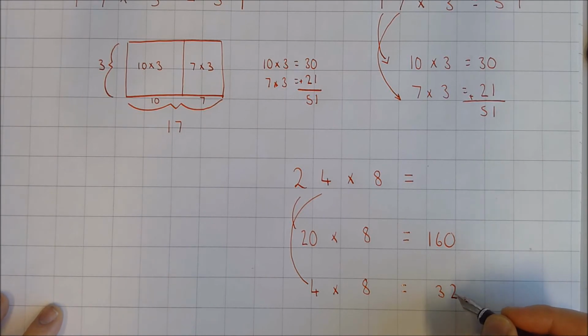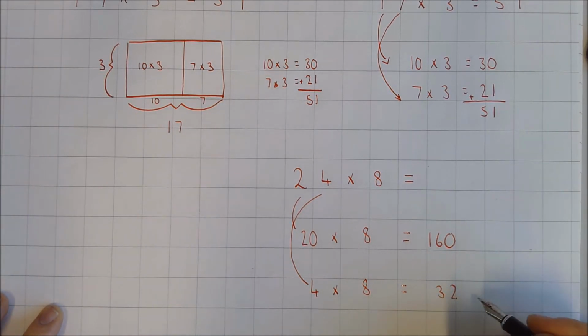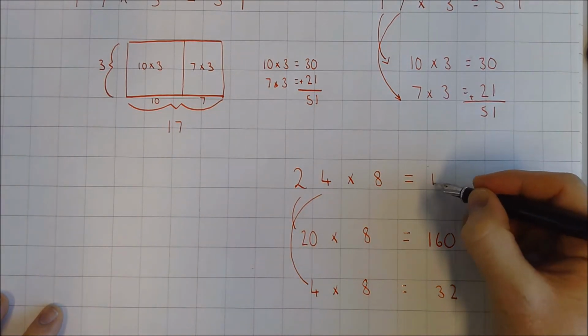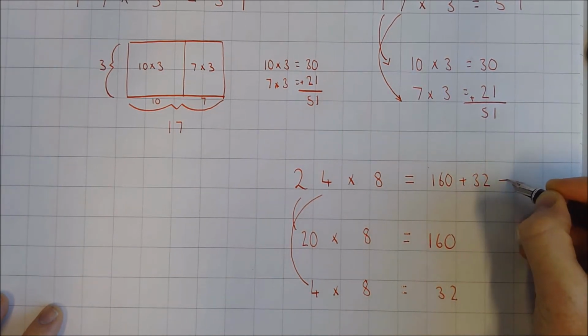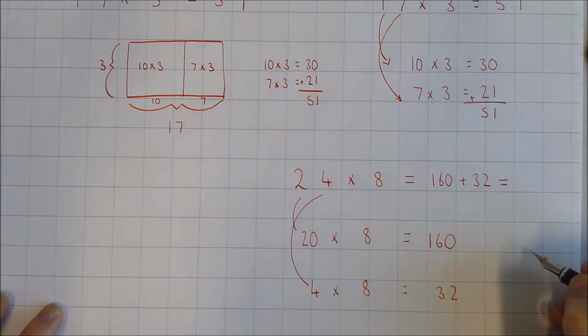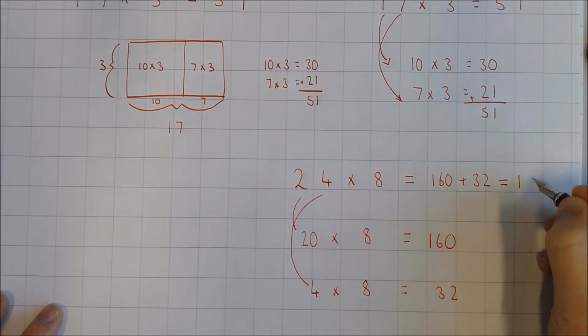So 24 times 8 is 160 add 32. 160 add 32, which is a nice easy addition to do in our head, is 192.